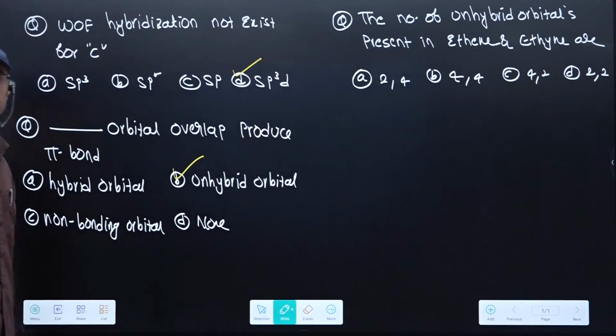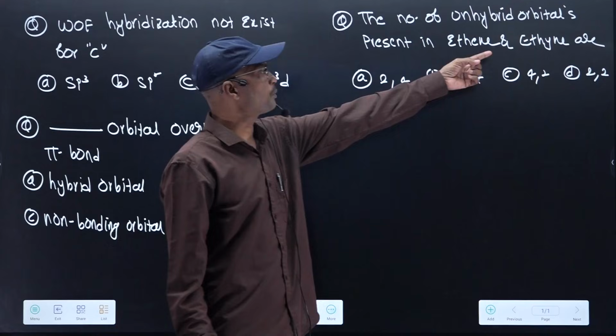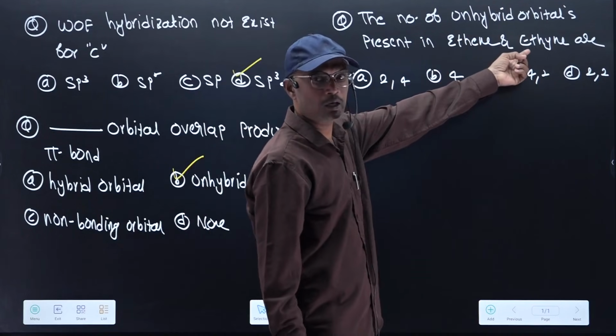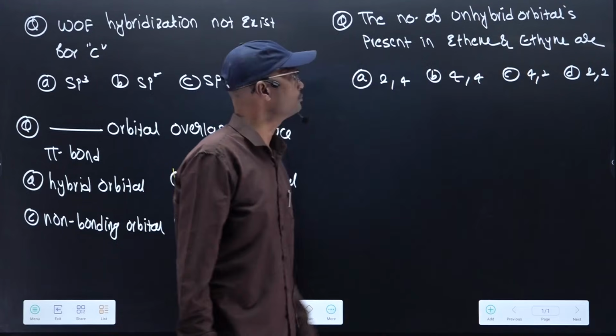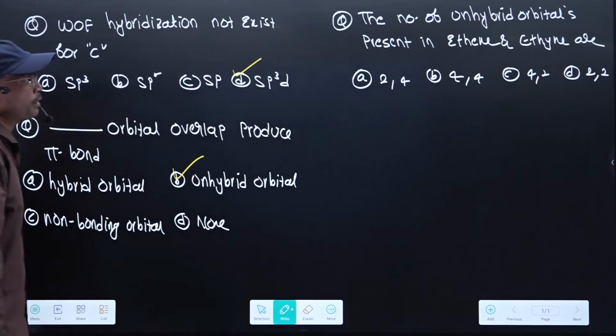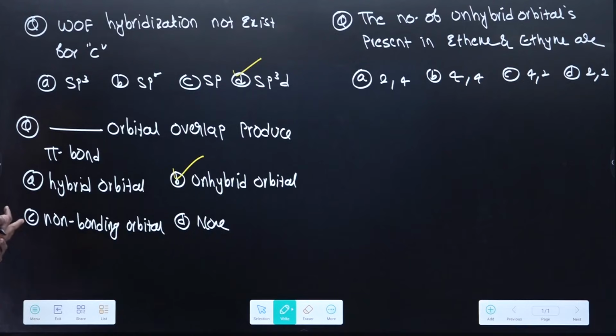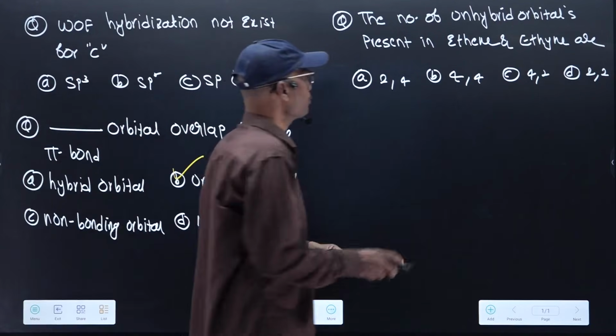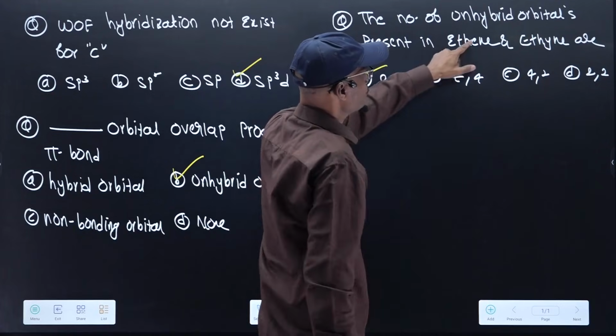Ethene means double bond, and ethane, here meaning triple bond. So the answer is 2, 4. Ethene carries 2, ethane carries 4.